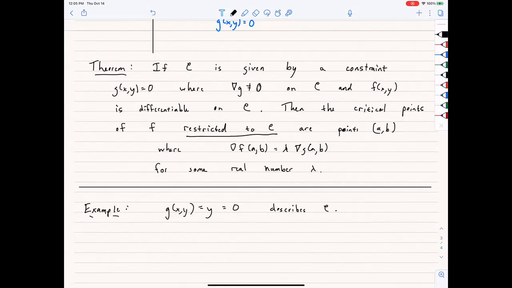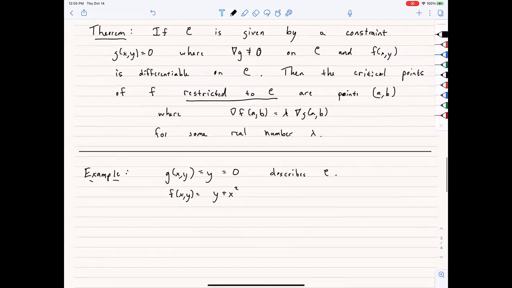And then our function f of x, y was equal to y plus x squared. So we calculated the gradient of f. This is just (2x, 1). And we can calculate the gradient of g, which is just the constant vector (0, 1).